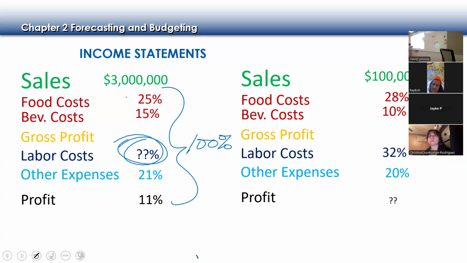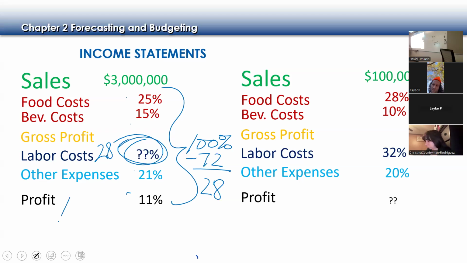So 25 plus 15 is what? 40. Plus 21, 61, plus 11, 72, right? So if we subtract 72, we get 28. So that means my labor is 28%. You see how I figured that out?